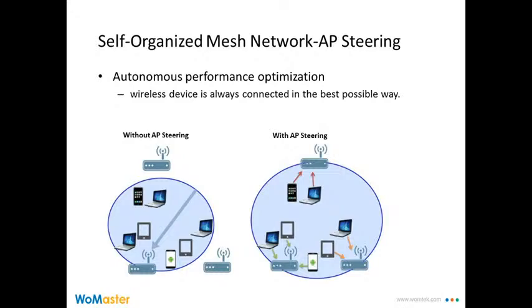With the AP steering feature, it will adjust to find the one with the best performance to make sure the mesh network can have optimized utilization, to avoid the condition where all devices access one access point. Based on the Wi-Fi usage condition, AP steering is measured to provide the maximum utilization to each AP. They can get the best performance.